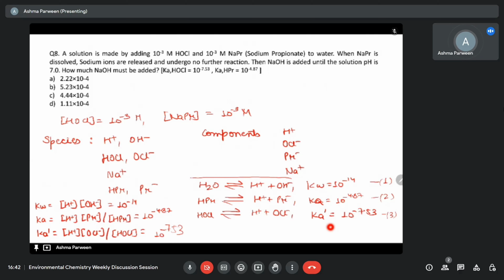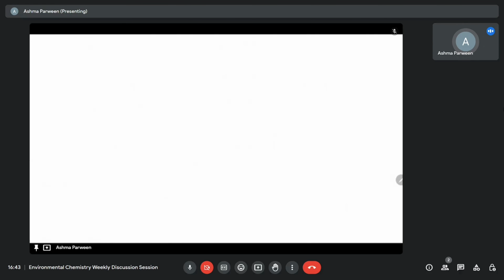Let's move to the next part. We have written the species, the components and the equilibrium relations for the reactions. Next we will write the mass balance for the components in our system. First, the mass balance for Pr total.